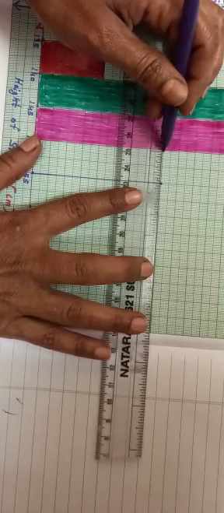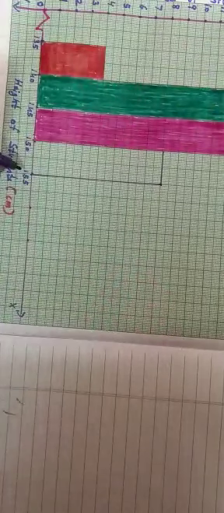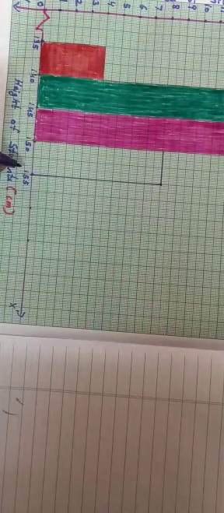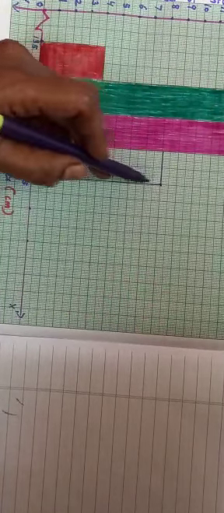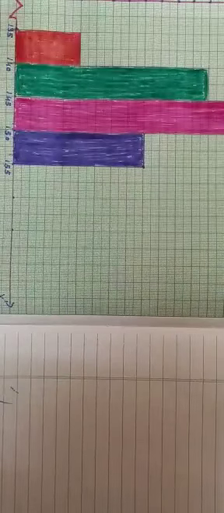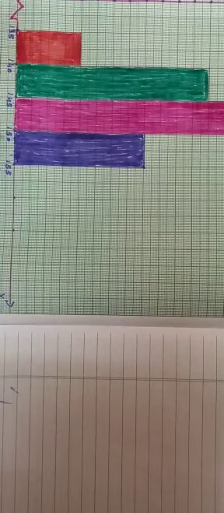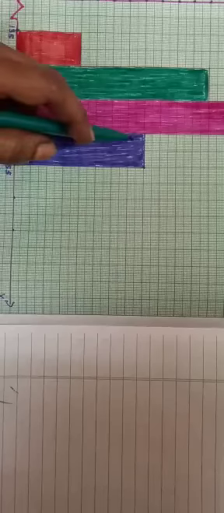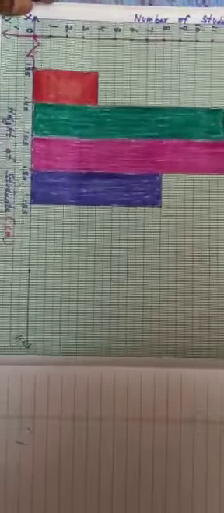What they have said is that the base should be your class, 150 to 155, and the height is 8 centimeter. Now we will color it. The last rectangle also I have drawn, 150 to 155, and we have completed this histogram. I hope you have understood the procedure.